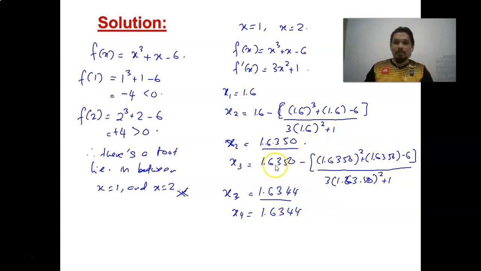You may store this in your calculator, then you can just substitute the value of x from one to another. So you can see here now 1.63, 1.63, 4 and 4, 4 and 4. So it is repeating here. Then we come up with the conclusion that the root is 1.63.